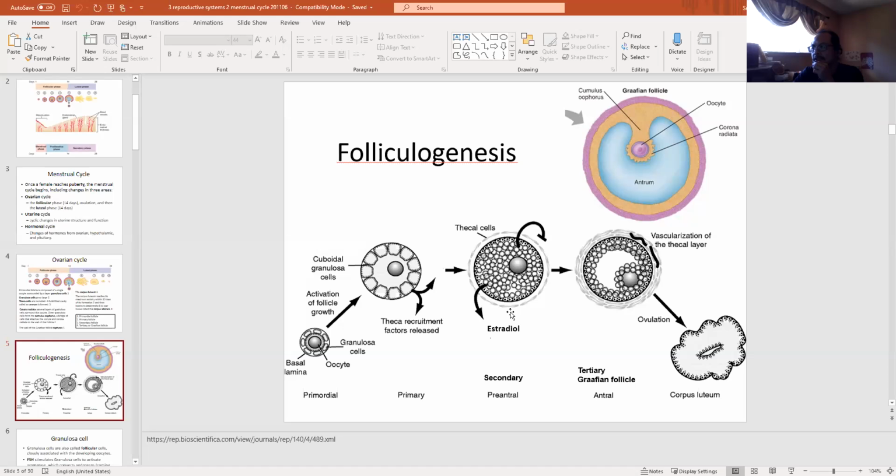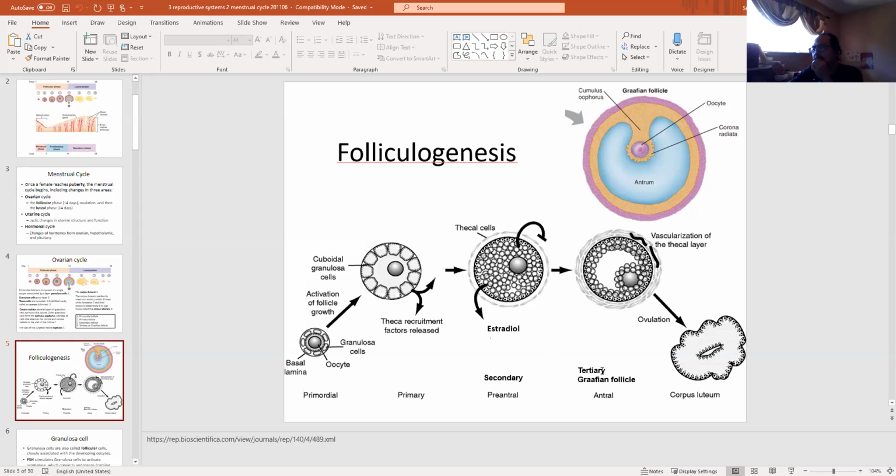When we have that, we also start to form this antrum, and these granulosa cells working with the theca cells start to secrete the sex hormone, estradiol. This is the primary. Secondary is the one with the theca cells.